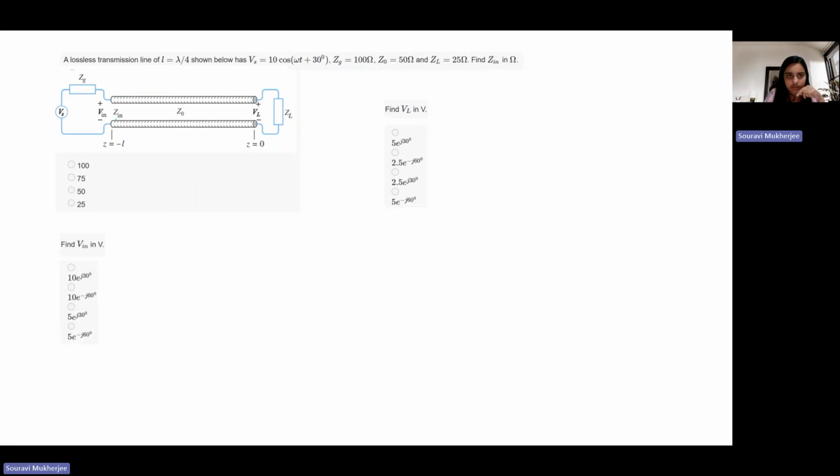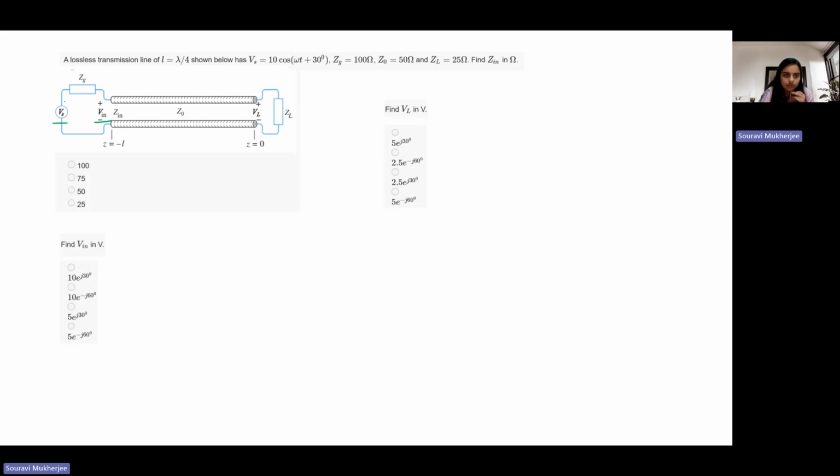Once you know Z in, now the question is to find the voltage at the input side. So what is the V in? Here there are two things. When you're looking at the voltage, you're looking at both the amplitude as well as the phase, right? And you know the amplitude and the phase at the source.